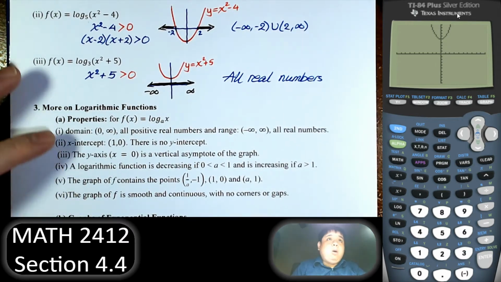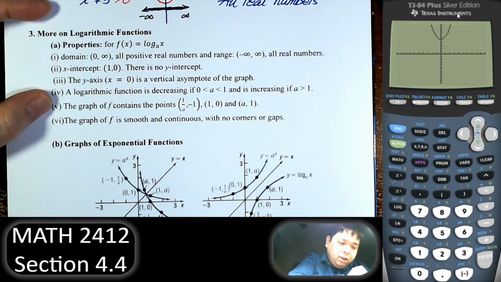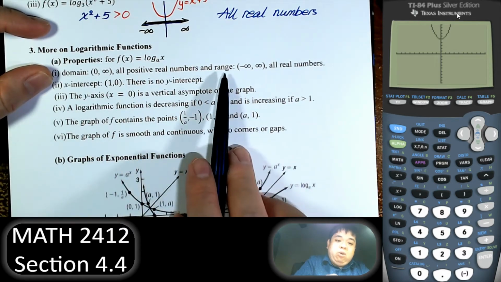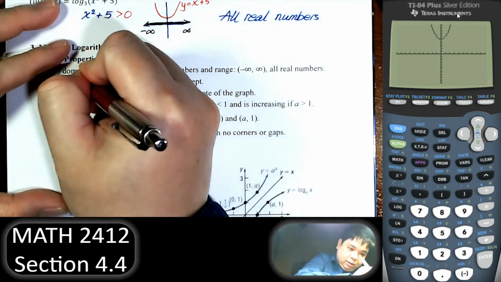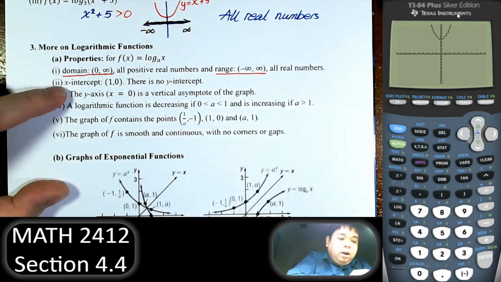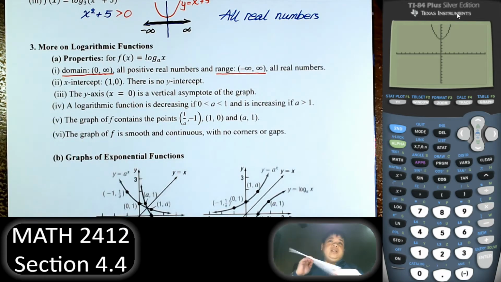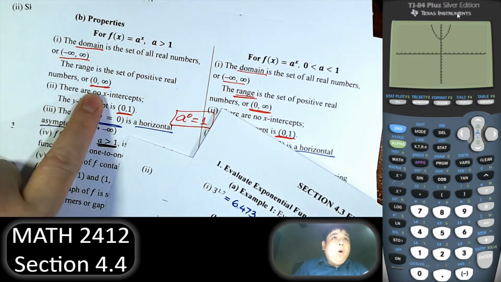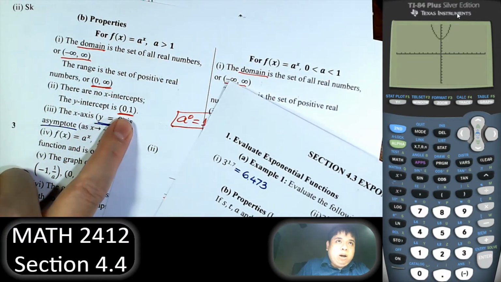Now, properties of the logarithmic functions. The domain is all positive real numbers, and the range is all real numbers. The x-intercept is (1, 0). If we look at the properties of the exponential function, there is no x-intercept, and the y-intercept is (0, 1).